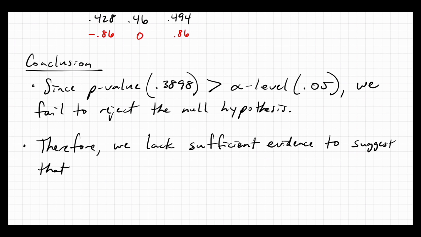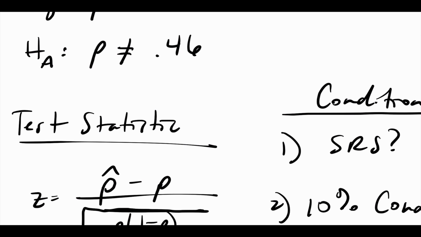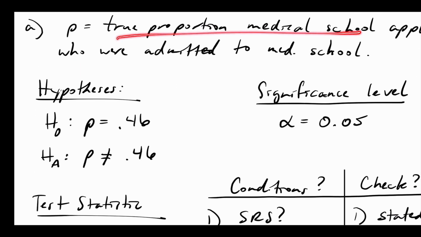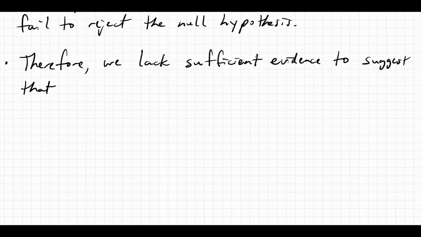We have it in symbols, we have to put it in words. So the alternative was the true proportion of med school applicants that get into med school differs from 0.46. That's what this says in words. P is the true proportion of med school applicants who are admitted to med school. Differs from 0.46. That's what we're going to put. Okay.